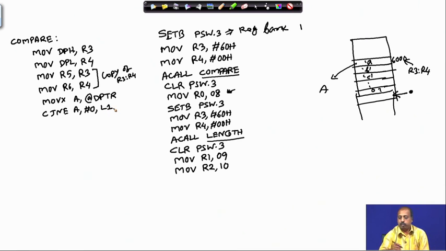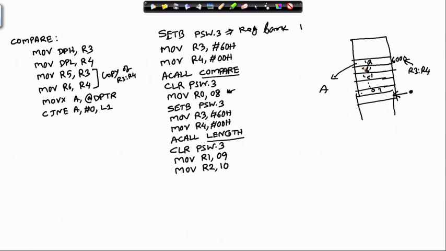If the value that I have got here is non-zero, then that is not the end of the first string. We are looking for the end of the string. So, the character that we have now is not the end of the first string, so we jump to label L1.